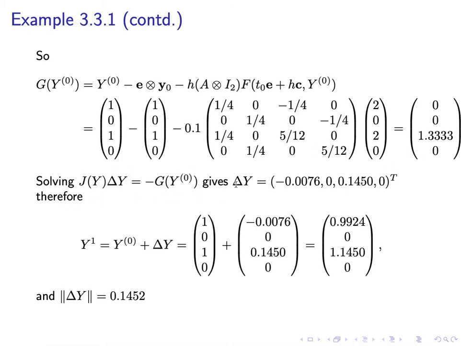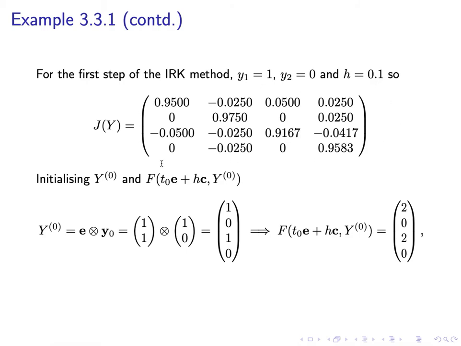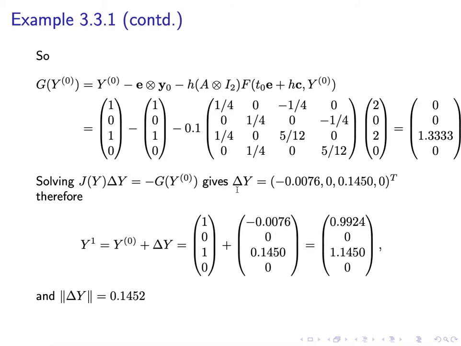Now we need to solve the linear system: our Jacobian multiplied by delta y is equal to minus g. So this is our g, and our Jacobian was this. If we solve that using whatever linear solver you're going to use, we have delta y equal to this.